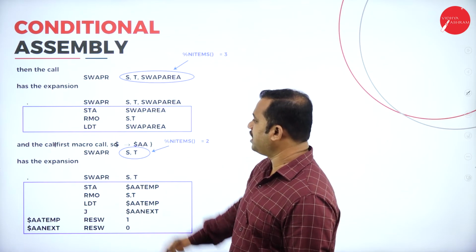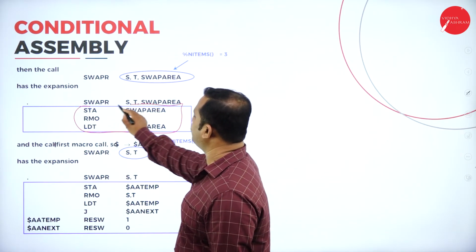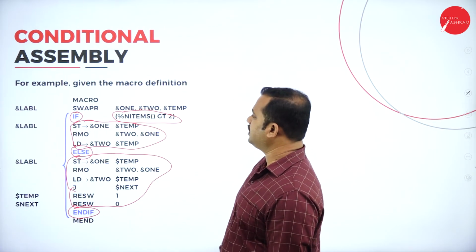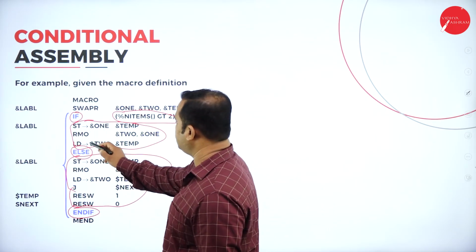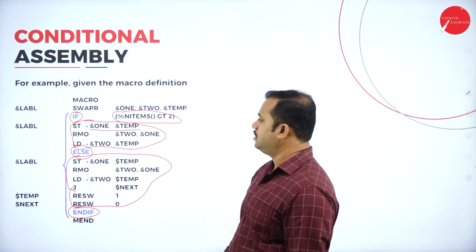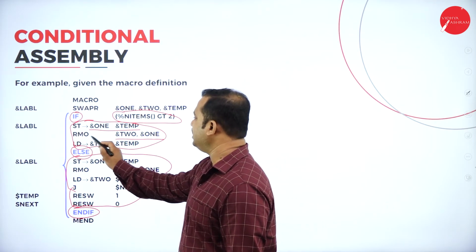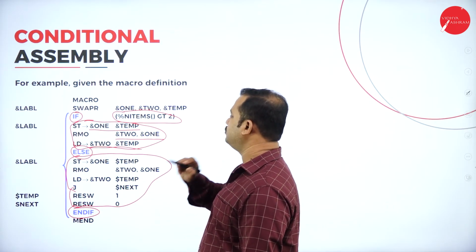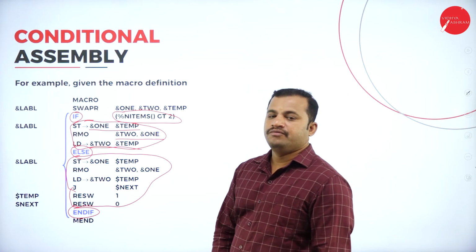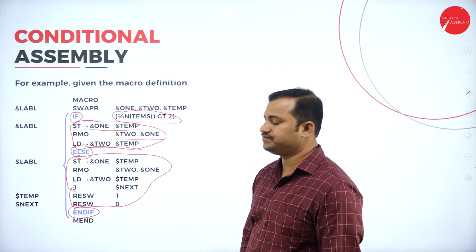Then we have the expansion of this. Please look at it. We have ST1 ampersand temp, RMO 2 1, LD corresponds to ampersand 2 ampersand temp. We have the qualifiers like this.